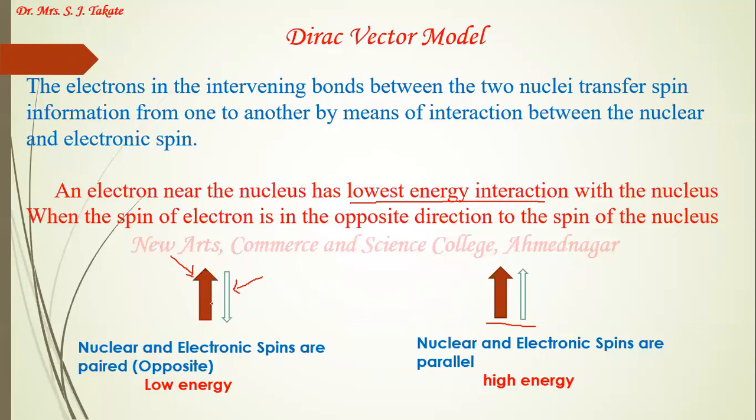When the nuclear spin and electronic spin are opposite, or we say they are paired, that will be a low energy situation. And if the nuclear spin and electronic spin are parallel to each other, that will be a high energy situation. So these are the two possibilities, or the interactions are of two types. Based on this, we can explain the different coupling processes.